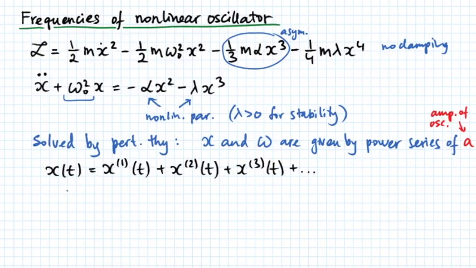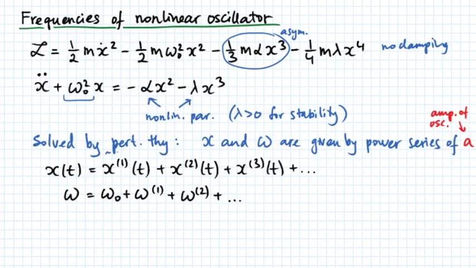Likewise, for the true frequencies of oscillation, we expect to see a sum. The zeroth order frequency is just omega naught, the natural frequency for oscillations with very small amplitude. Then we'll have omega 1, which will be a frequency shift proportional to amplitude A, plus omega 2, and so forth.